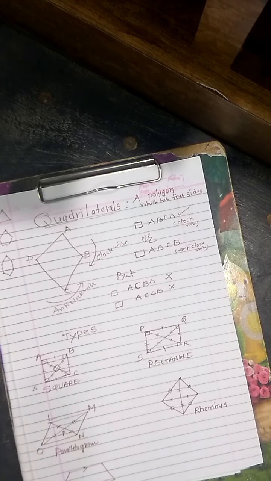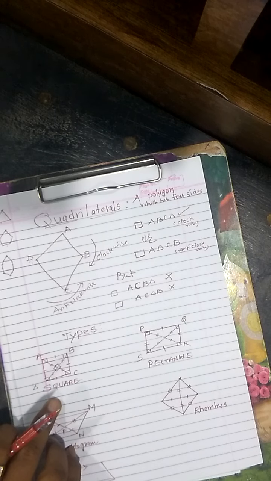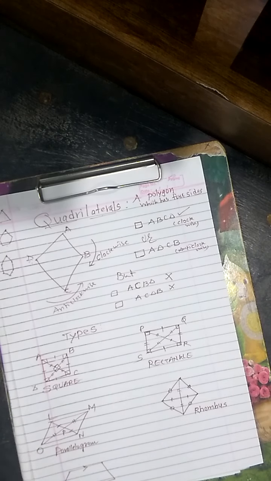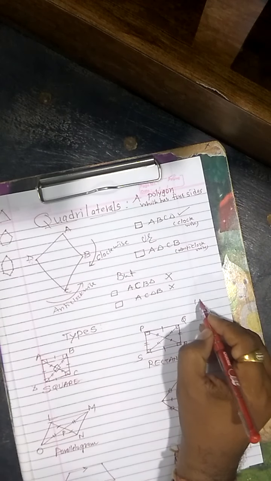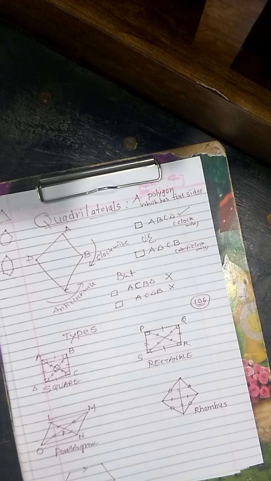Okay, let's see each property, which will be very useful in your exercise in your textbook. Page number 106. You can find the table there. In that table you can fill in these properties.